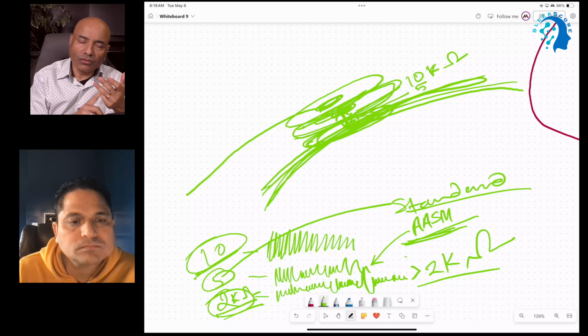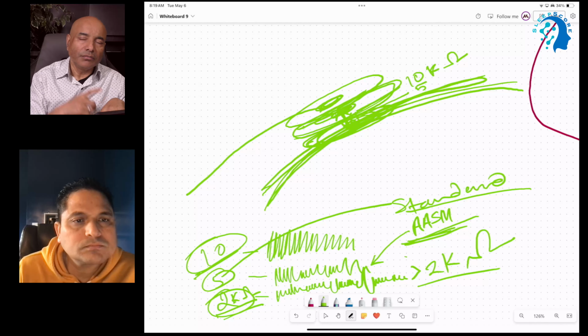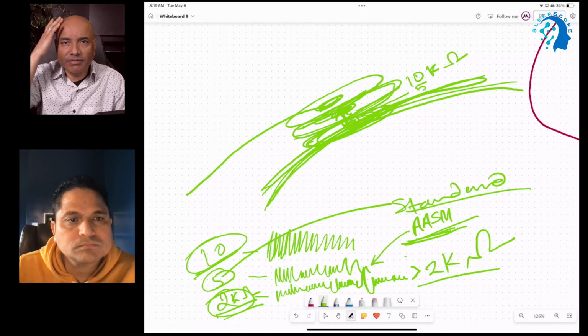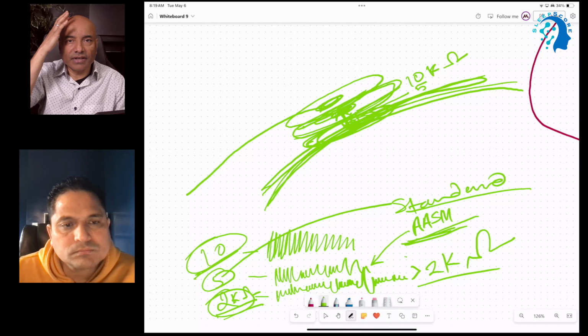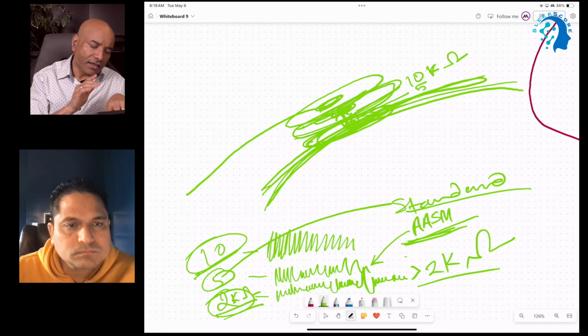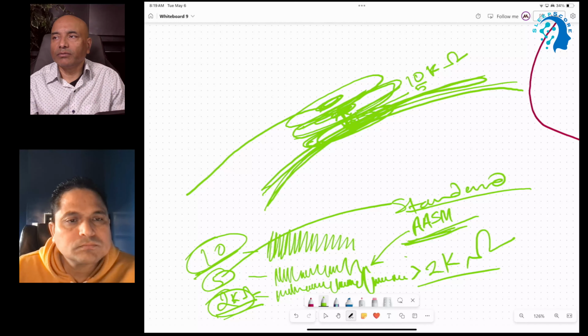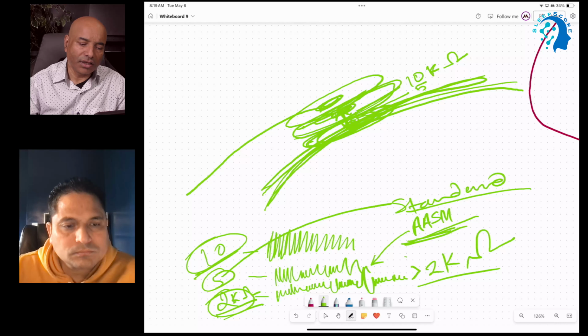We have to clean it nicely but gently, because if we do it very hard, the patient may complain of a burning sensation. That's why we have to be careful when we scrub it. We do it gently, clean it, wipe it with the alcohol and then place the electrode, and in that way we will get less than 2 kilo ohms.